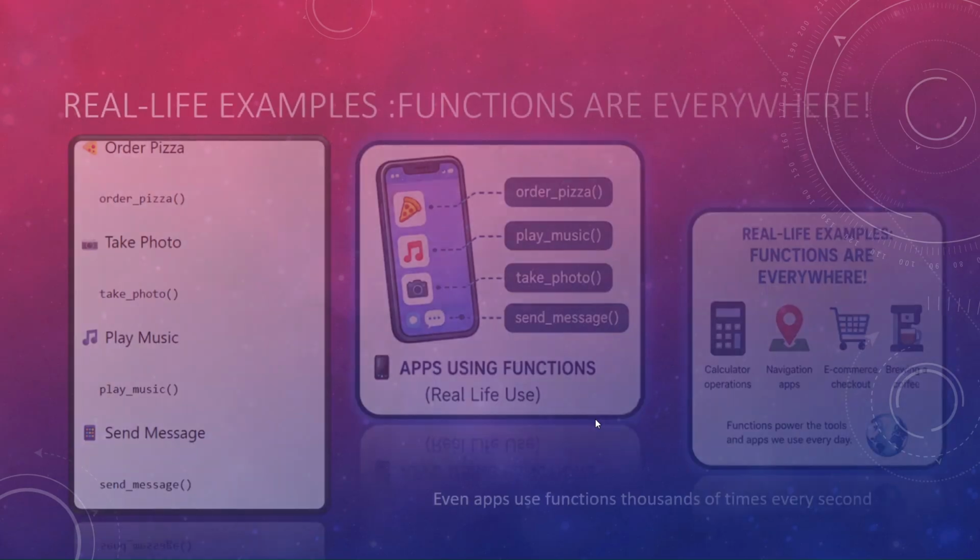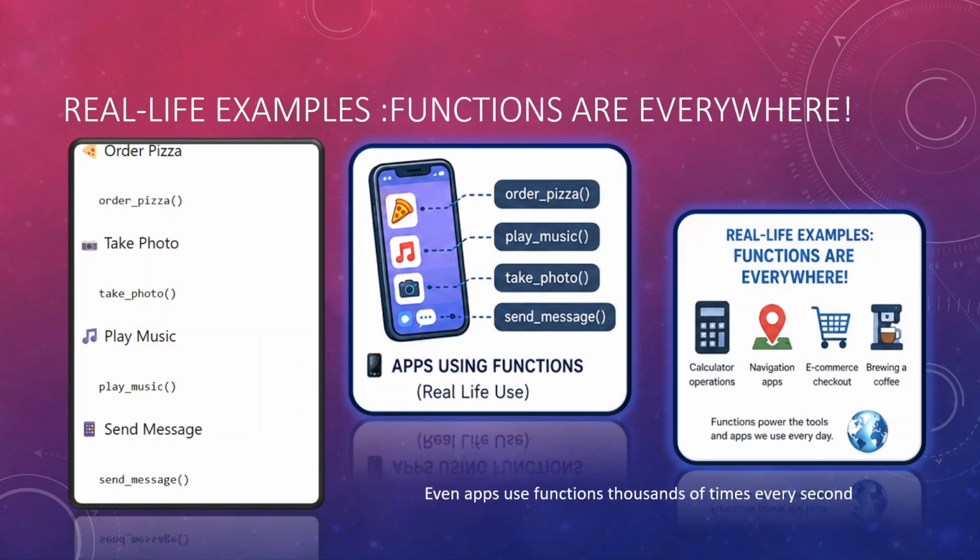Next, moving on, we have real life scenarios. All the applications that you see today, calculators, navigation applications, e-commerce, brewing a coffee, everywhere there are various functions running in the background. What are those function calls? You can say order pizza. As soon as you order pizza, there is a function in the background that takes care of your call.